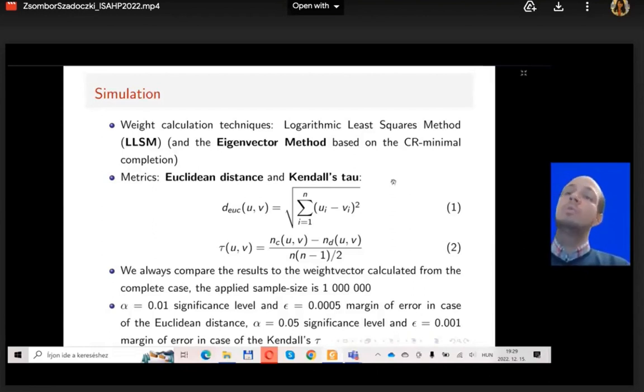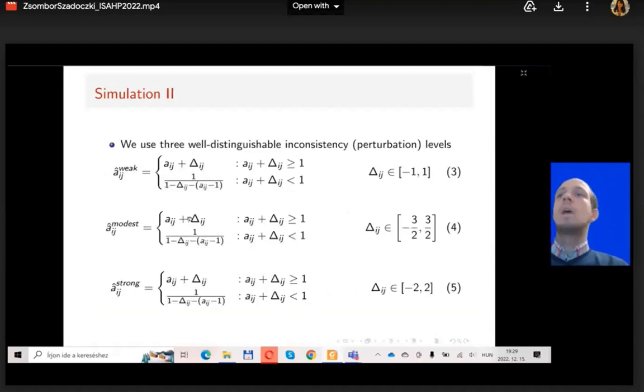So we calculated those vectors and we used the Euclidean distance and the Kendall's tau measure. And we always compared the given weight vector to the weight vector that is calculated from the complete case. We had a large sample size, which resulted in a given significance level and given margin of error for the two measures that we used.